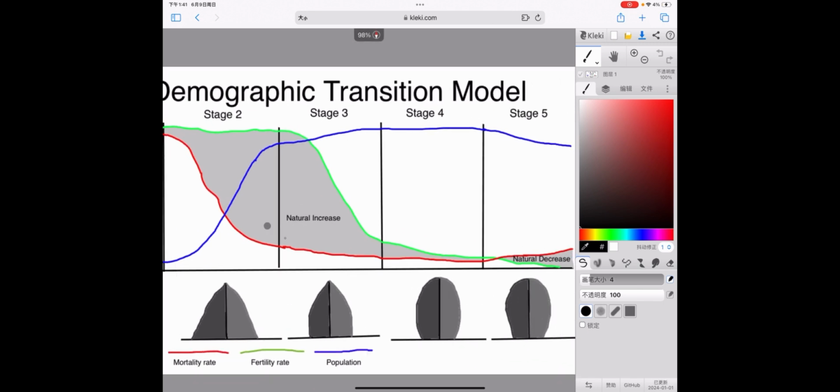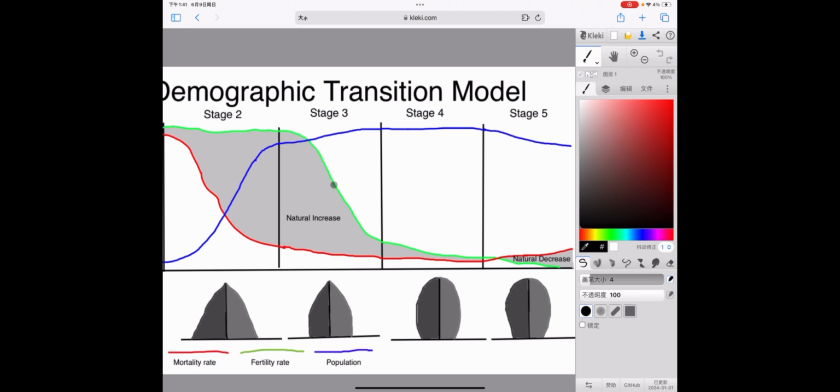Over at stage 3, we see the country rapidly urbanizing, and as people urbanize, the birth rate or fertility rate drops, meaning that people are having fewer children.